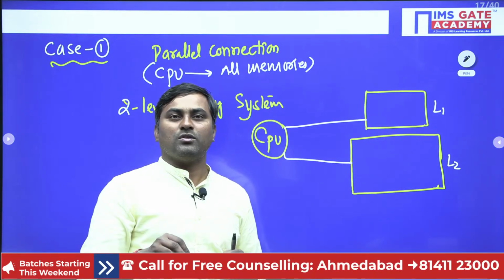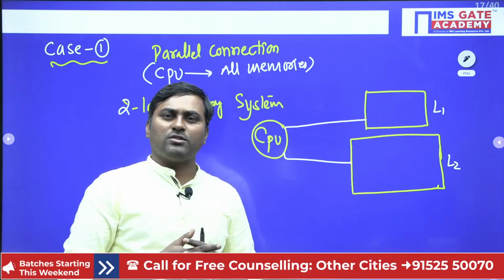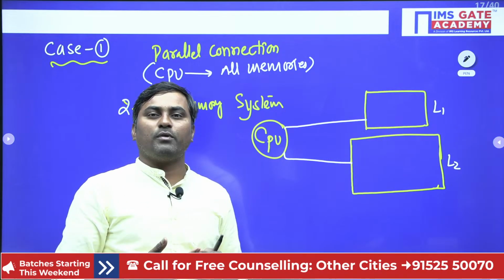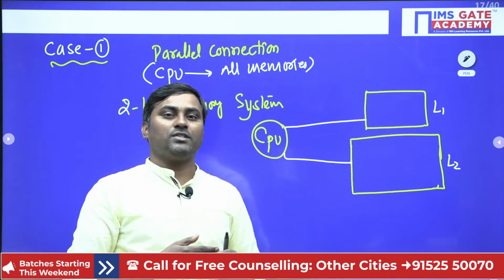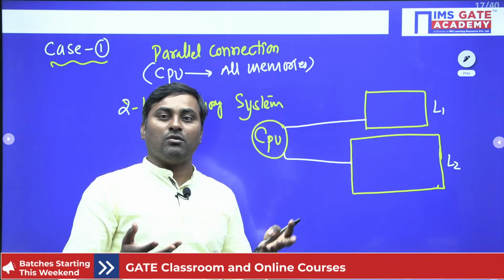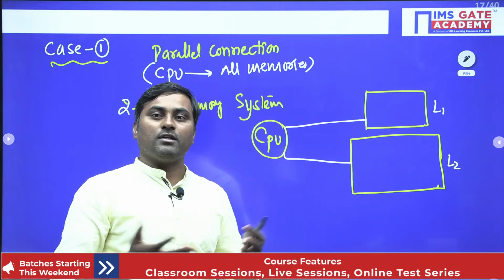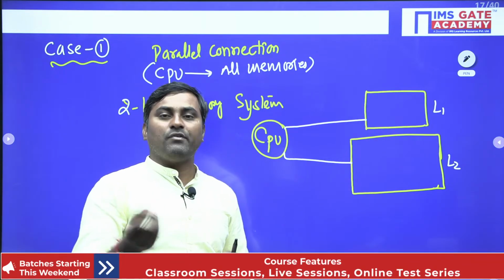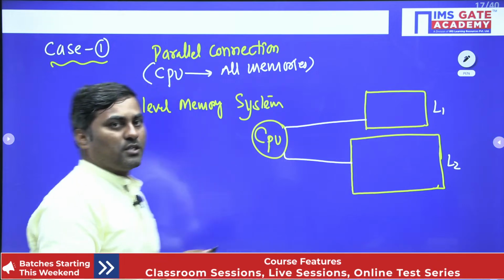Now suppose in case number 1 the processor is connected to all the components in parallel, how can we obtain the average access time? We will observe that. If the processor is connected to memory level by level, how can we evaluate the average access time? You will observe this also.